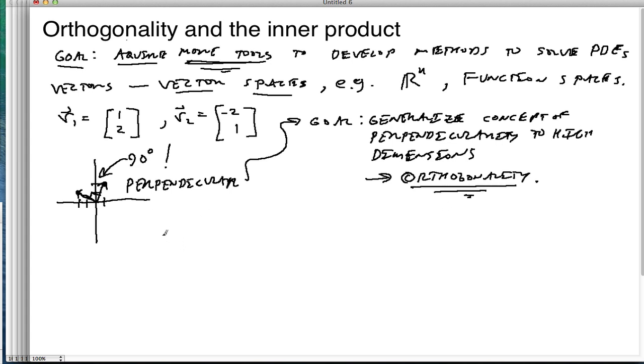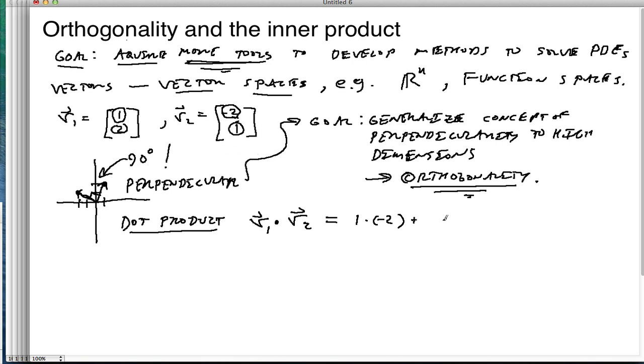Okay, so let's discuss this. The one tool we have so far is called the dot product, and we've been using this tool quite a bit so far in this class. If I have two vectors, v1 and v2 here, the dot product is equal to 1 times negative 2, so we multiply this number by that number, then we multiply these numbers, and we add all of those products together.